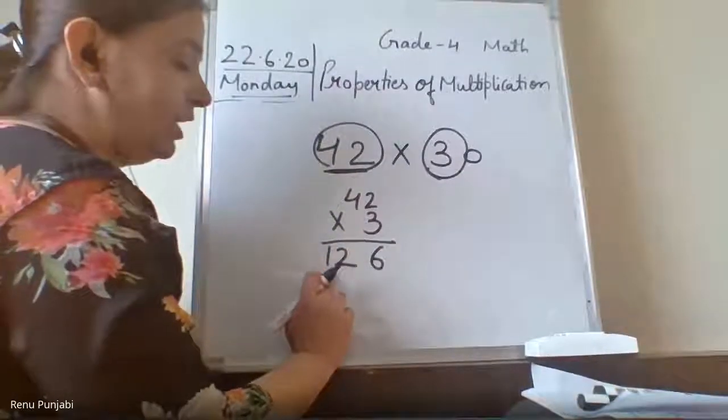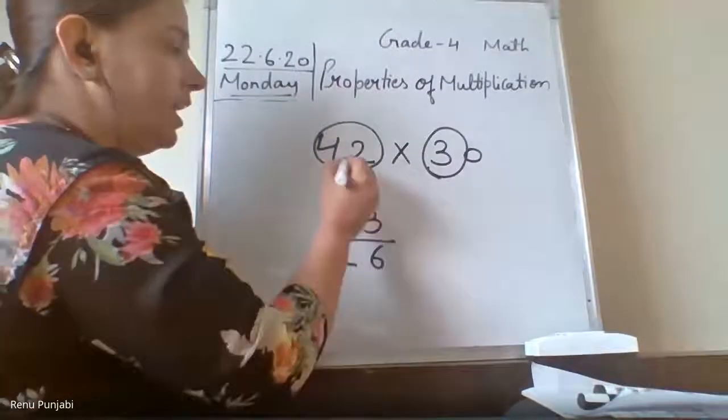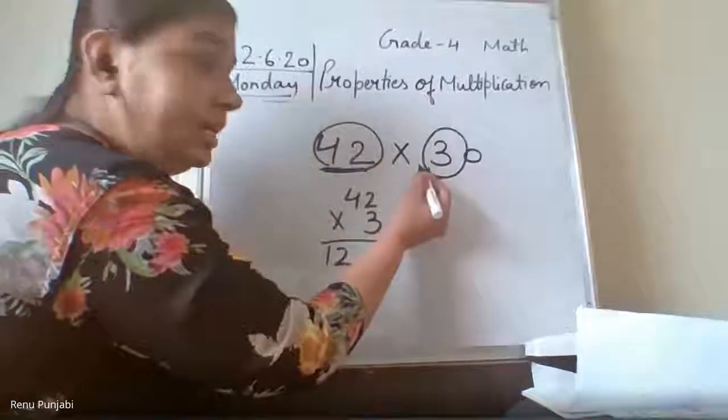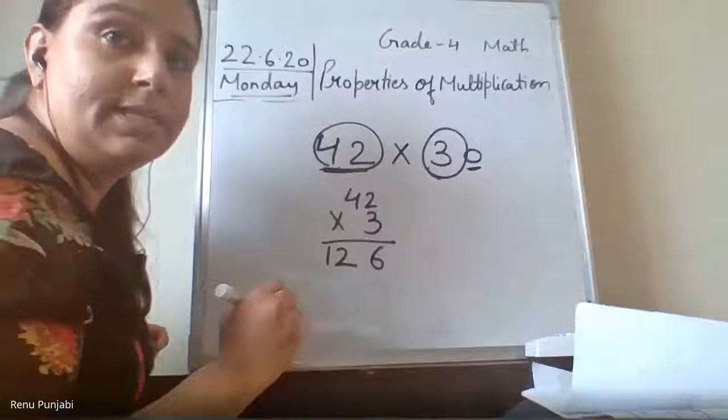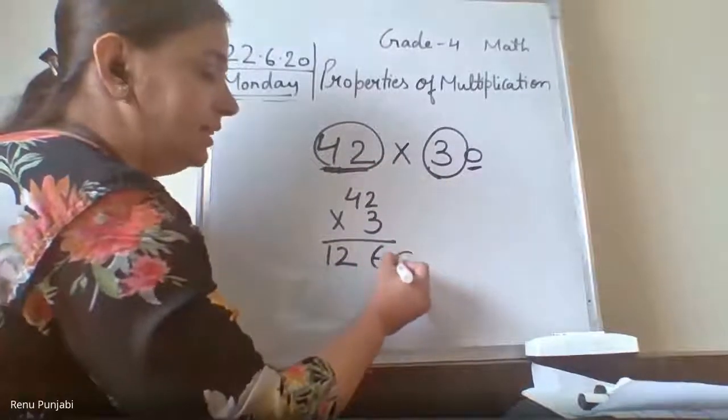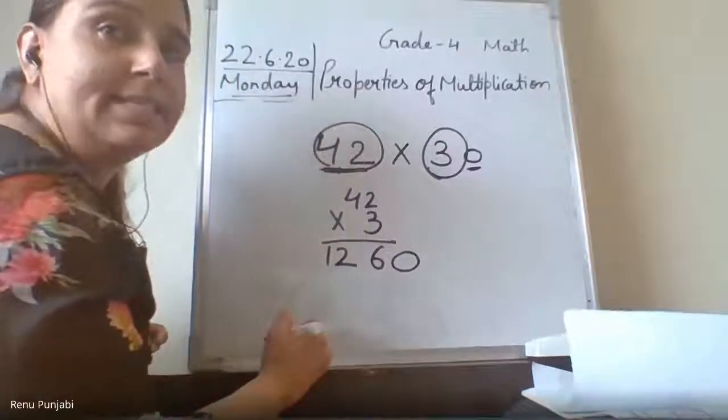Now, 126 you got after multiplying 42 with 3, but the 0 is remaining. What to do with this 0? After multiplying the number with the number, add the 0 at the last, on the right hand side.